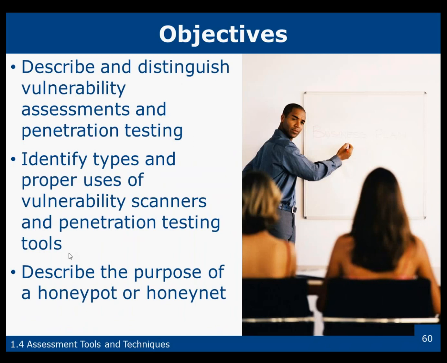So the objectives here: describe and distinguish vulnerability assessment and penetration testing, identify types and proper use of vulnerability scanners and penetration testing tools, describe the purpose of a honey pot and a honey net.